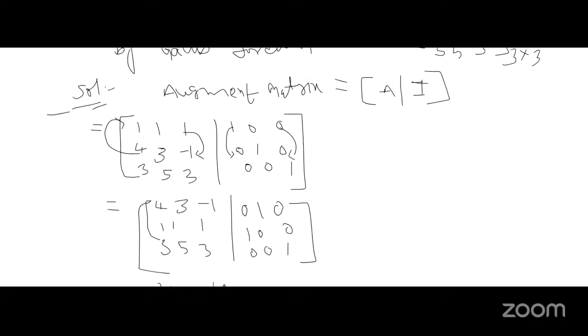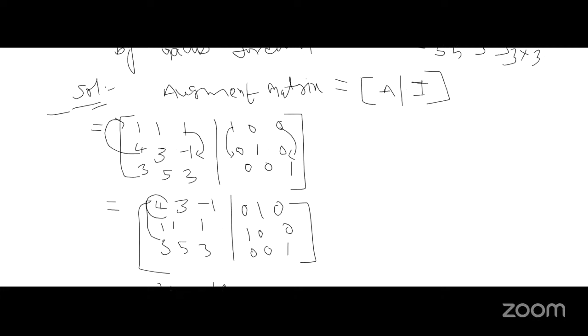Now, apply the next step. Apply 1 by 4 into R1. Why? Because first we have to make this a 1.